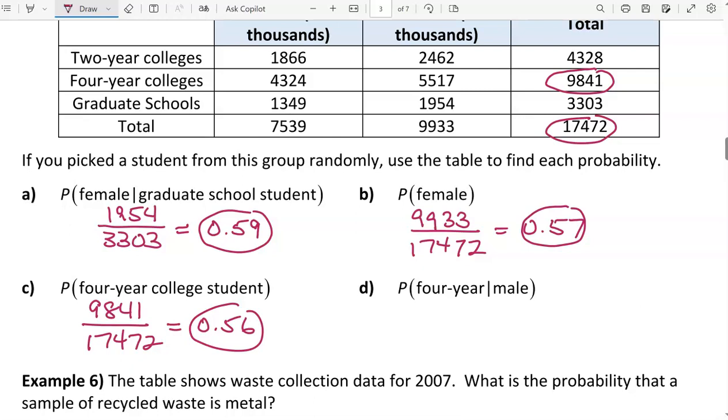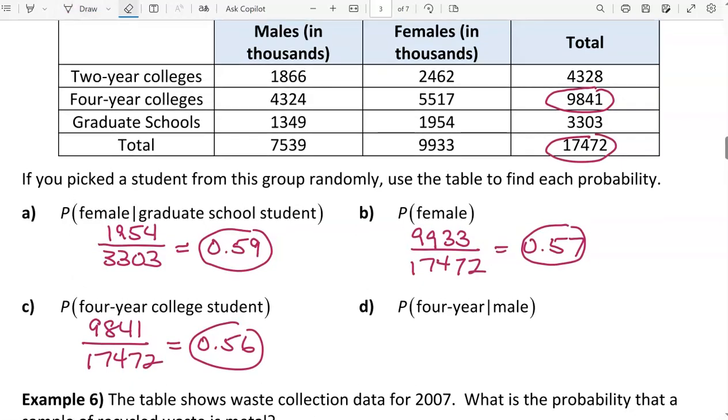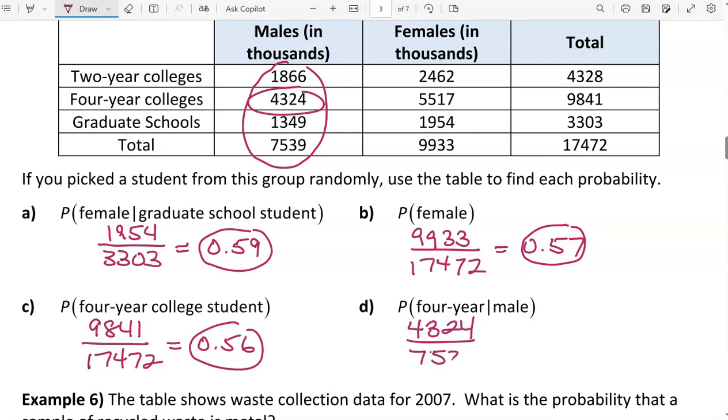And then we have a conditional probability next. Probability that a student is a 4-year student, given that we already know that the student is male. So now what we're going to do with our chart is only draw our attention to the male students, so there's this column. So what is the probability that out of those students, a student is a 4-year college student? So that would be 4,324 out of our total male students, 7,539.